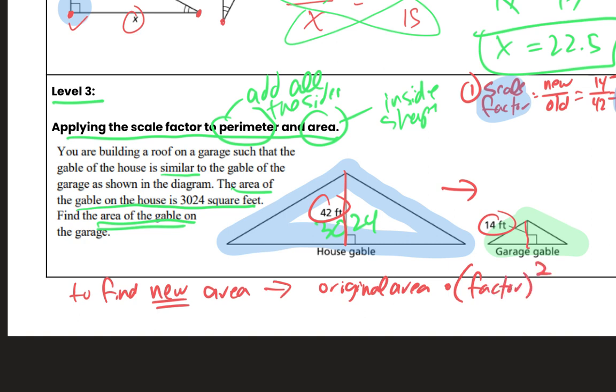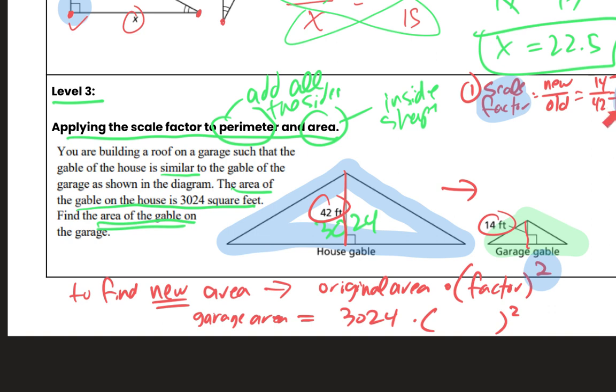Okay, so that's the critical thing, that the factor is squared. Okay, so to find the new area, so the gable garage area is going to be equal to the original area, which we said was 3024, right? Times the square of the factor.